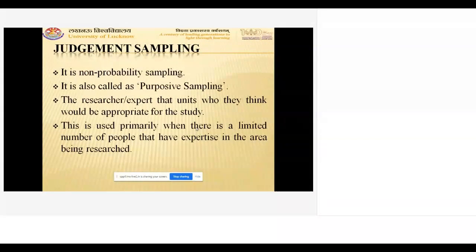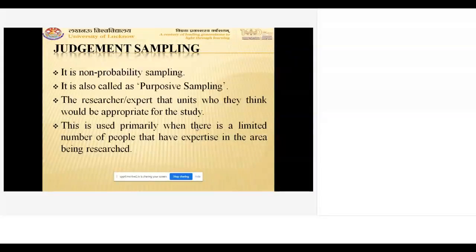The second non-probability sampling method is judgment sampling. It is also called purposive sampling. In the same manner as convenience sampling, we approach individuals depending upon our convenience. But there is a limitation that the person should be related to the study. Suppose we want to conduct a survey on toothpaste and compare the sales of Pepsodent and Colgate, then we include only the persons who are using Colgate or Pepsodent.